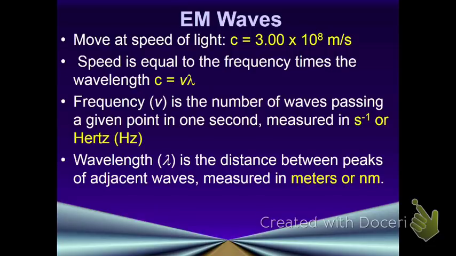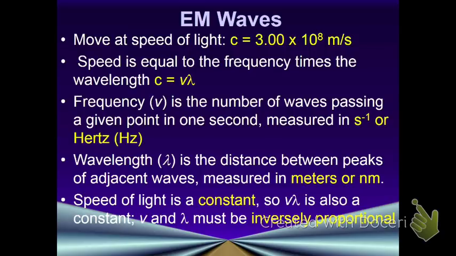The wavelength is that funny looking upside down curvy Y, is the distance between peaks of adjacent waves, and that is going to be measured in meters, or often we'll see it in nanometers. And of course, if we're going to see it in nanometers, we have to remember that 1 meter is equal to 1 times 10 to the 9th nanometers. So you will need that on your worksheet. So 1 times 10 to the 9th nanometers is 1 meter.